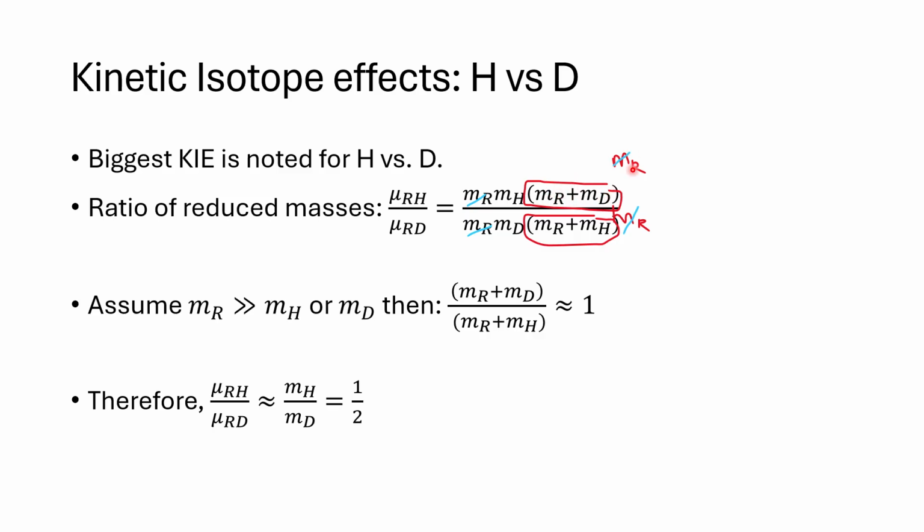So we can cancel off the Mr, and it leaves only mH over Md. Therefore, the ratio of the reduced mass for the molecule and the deuterium-substituted isotope can be approximated to the value of 1 over 2.